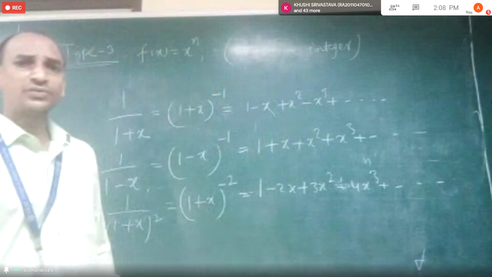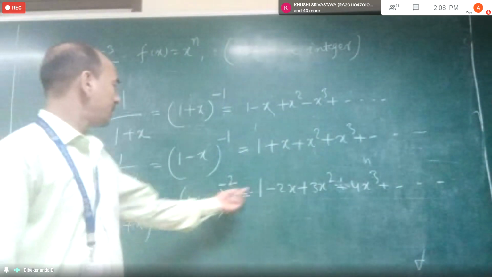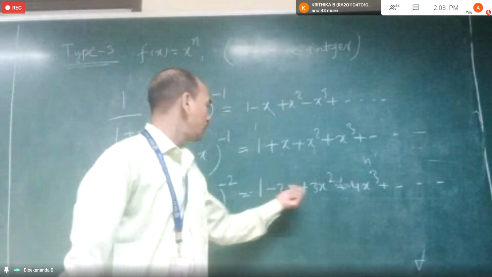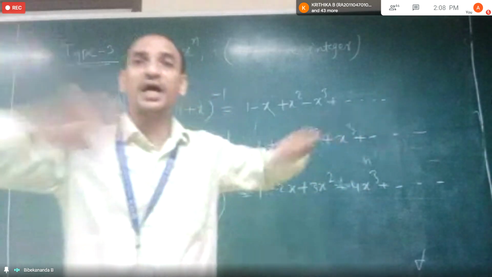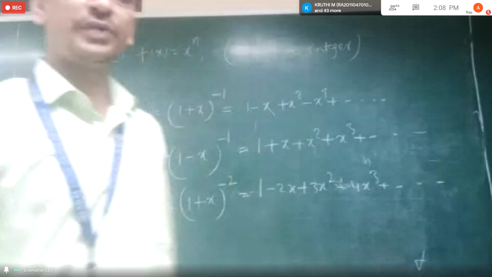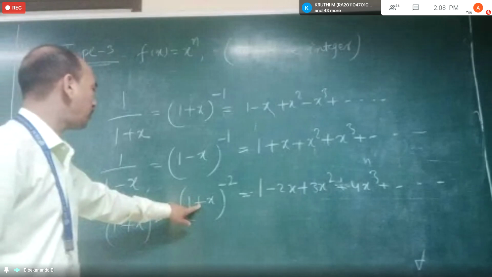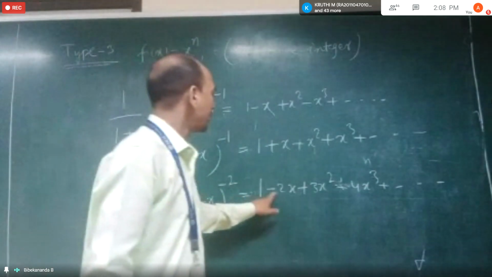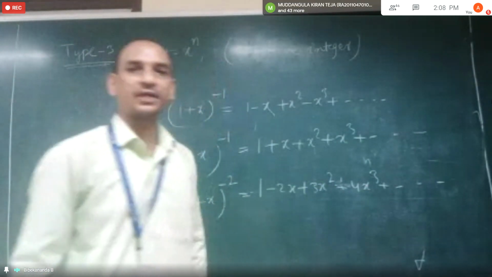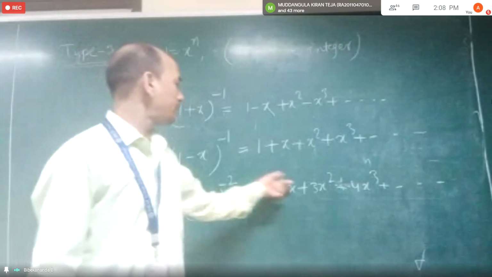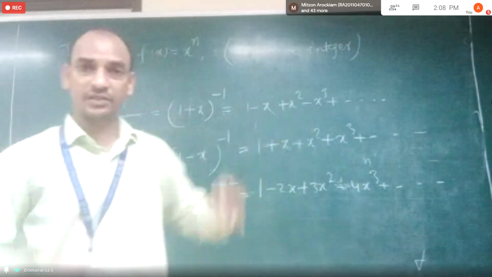Here 1, 2, 3, 4 will be in ascending order. The alternate positions will be plus and minus: plus, minus, plus, minus, like this an alternating sign will be there.